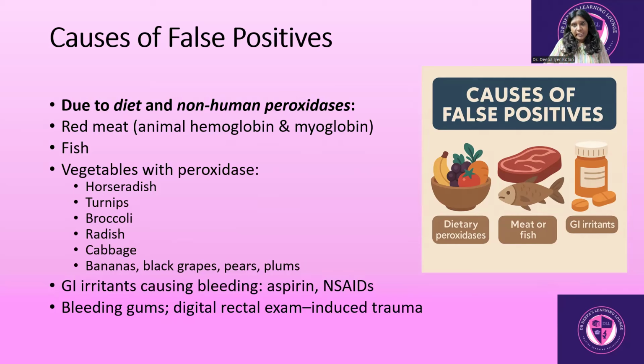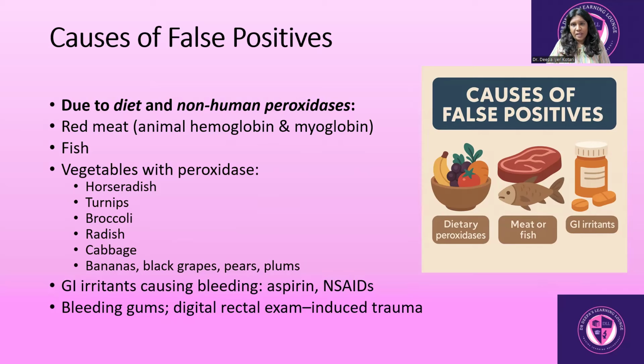Other things which have a peroxidase activity will also give a false positivity. For example, vegetables with peroxidase activity like horseradish, turnips, broccoli, radish, cabbage, fruits like bananas, black grapes, pears, and plums. So these are the ones that can give you a false positive with the GOAC test because of an inbuilt peroxidase activity in any of these vegetables, fruits, and red meat.